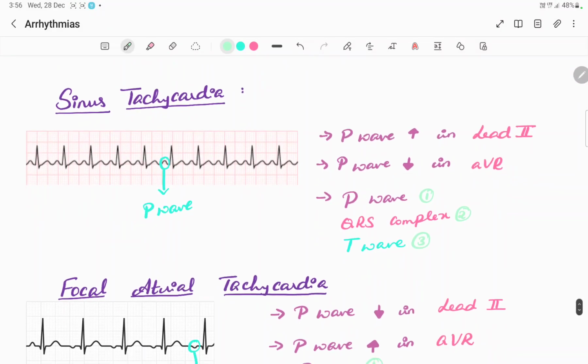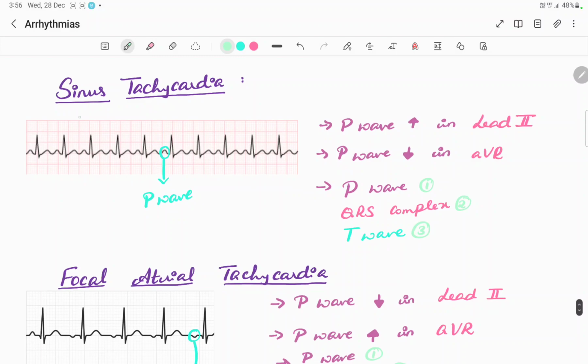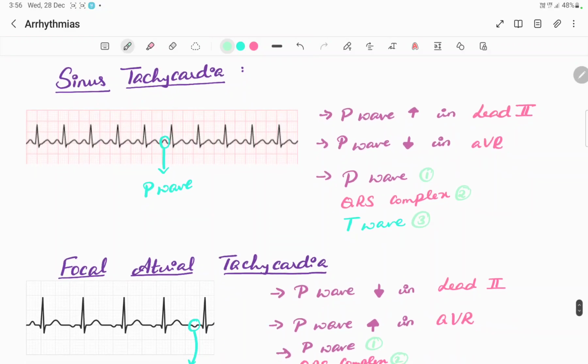We'll see one by one. First one is sinus tachycardia. In sinus tachycardia, we look at the P wave. The P wave is normal. Okay, it is upright in lead 2. So this is lead 2. In lead 2, the P wave is upright, and in AVR, the P wave is inverted, then we say it is sinus tachycardia.